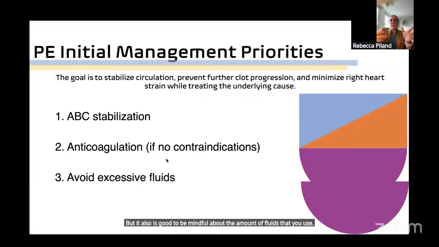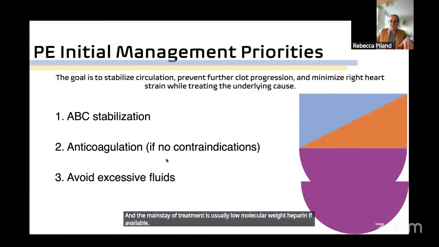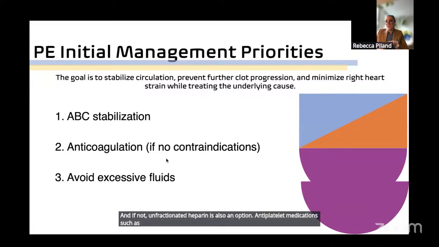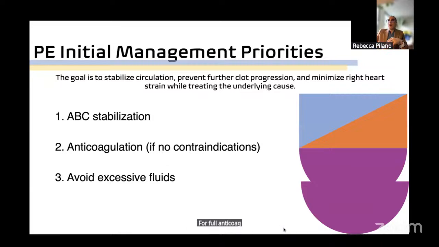So the next step in the immediate period is going to be anticoagulation. And the mainstay of treatment is usually low molecular weight heparin if available. And if not, unfractionated heparin is also an option. Antiplatelet medications such as aspirin are not a substitute for full anticoagulation, but may help prevent propagation of the clot or worsening of the clot.